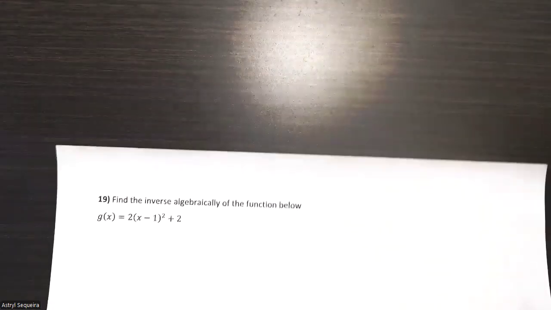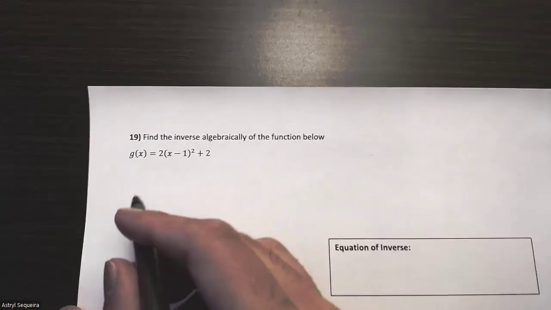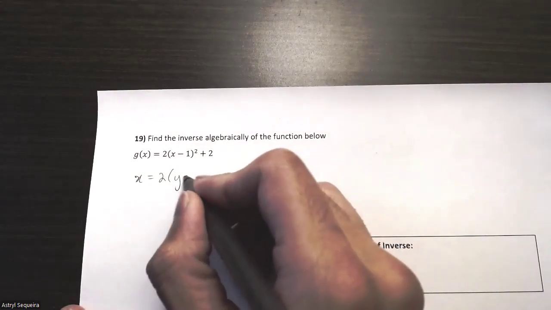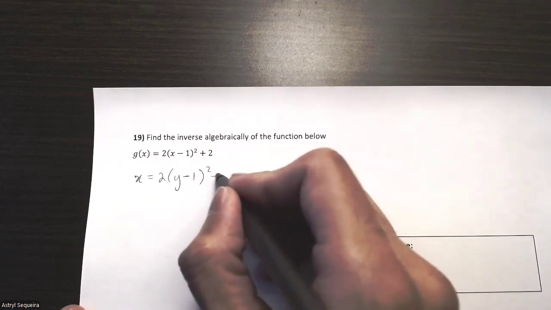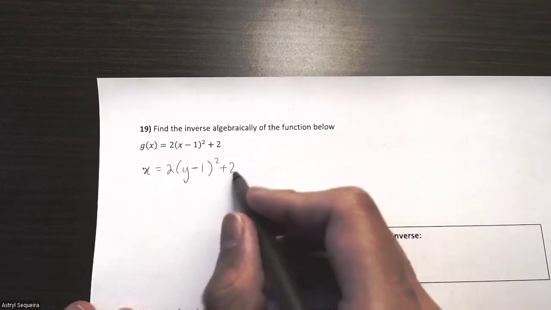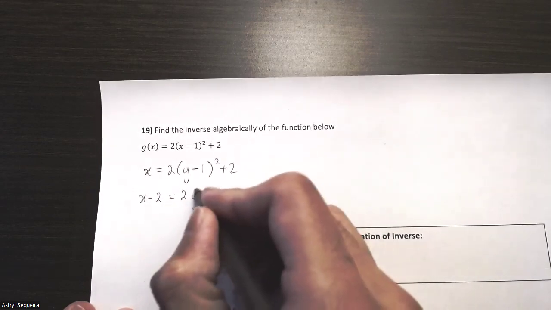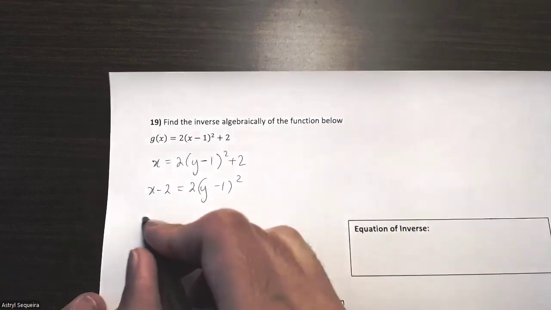All right, let's go to question number 19 next, finding the inverse algebraically. So I'm going to switch my x and my y, and I'm going to isolate the y. So I'll start by subtracting 2. And I'll divide by 2.